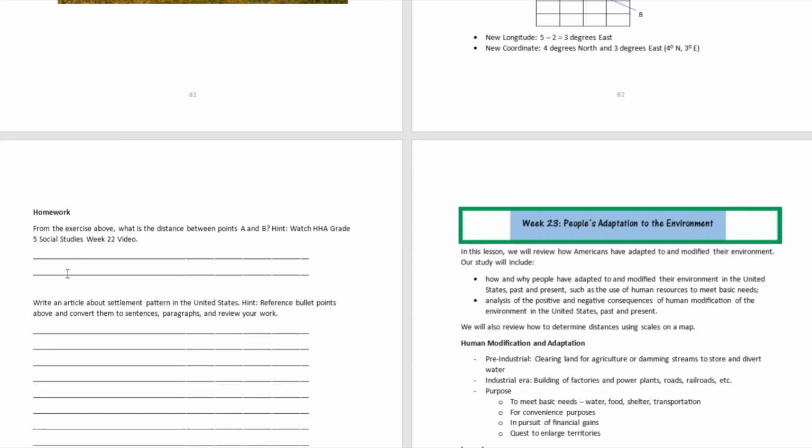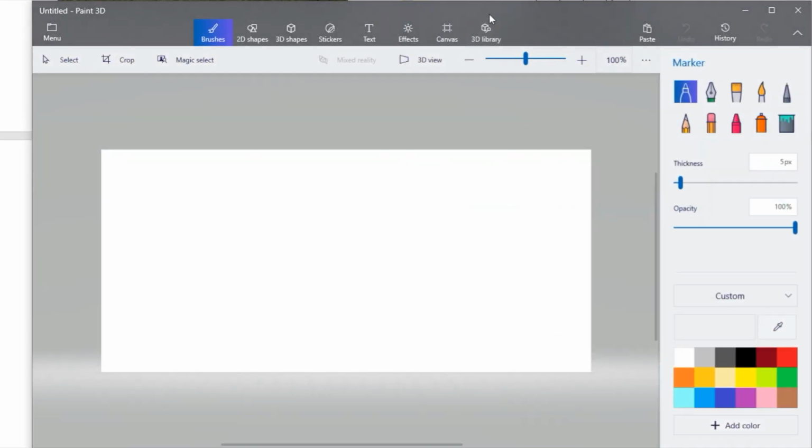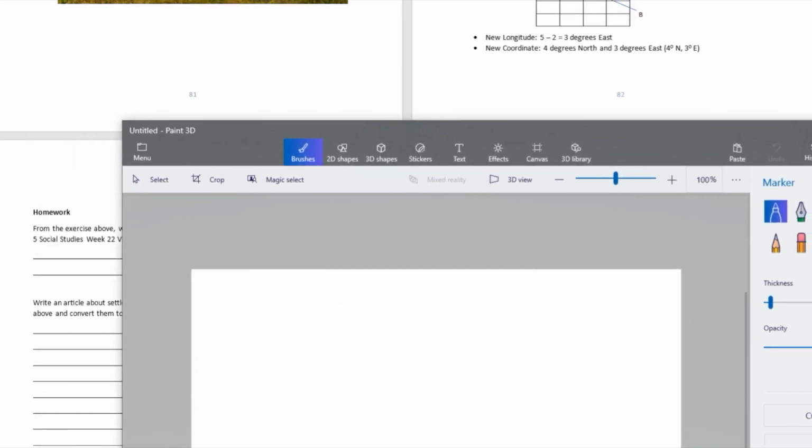All right. So let's try to make sure you do this homework over here. From the exercise above, what is the distance between points A and B? All right. So let's see right now. What's the distance between point A and B over there? Oh, so let's take a look at it. So this is point A right in here.